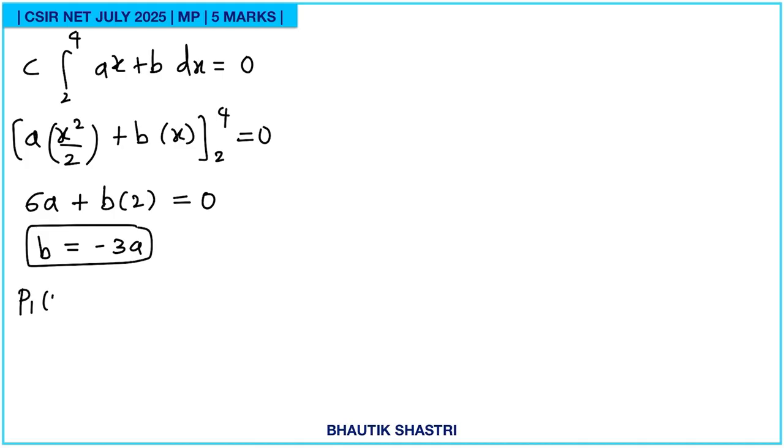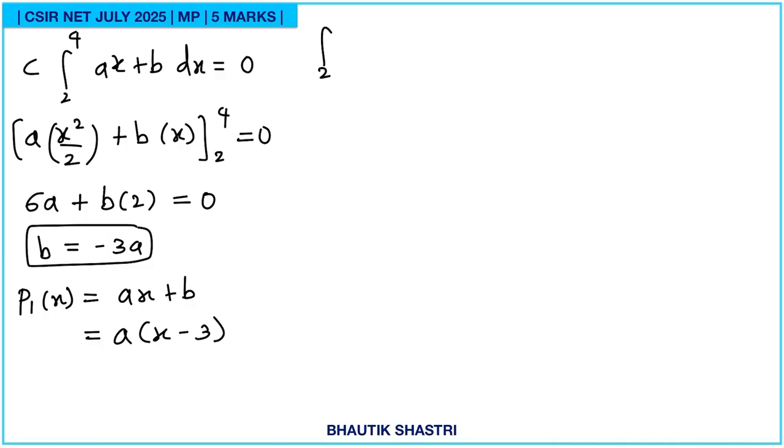That means P1(x) is equal to ax plus b, but b is minus 3a, so that means it is a(x minus 3). That is P1(x). But we want to find out a as well. So we'll normalize P1(x).